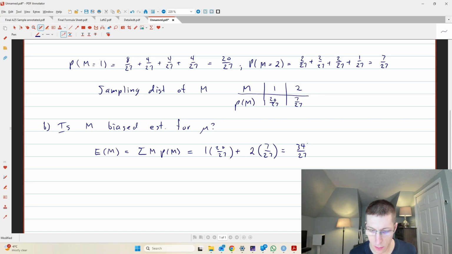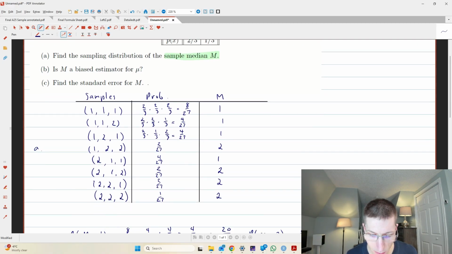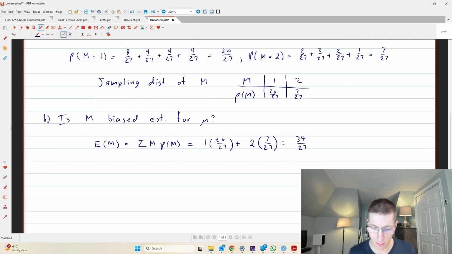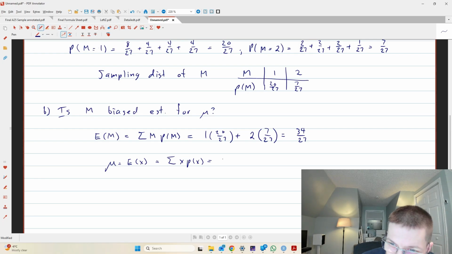On the other hand, we have the distribution already for X. That's up in the question. So let's do the same thing for that. So mu equals E of X equals sum x P of x. That's going to be 1 times 2/3 plus 2 times 1/3.